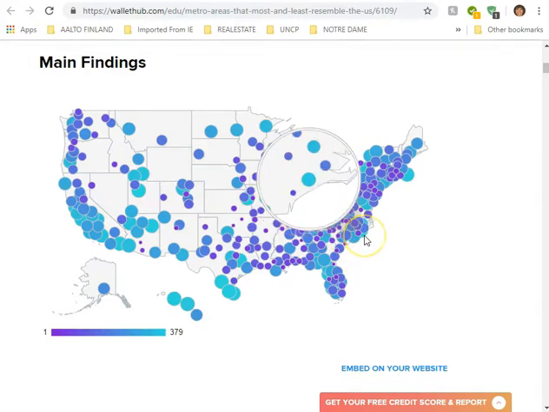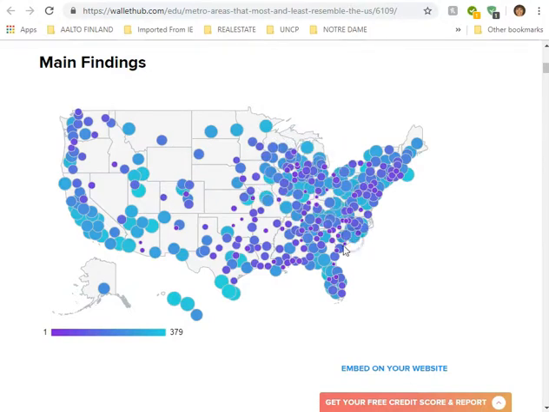The closer the number is to 100, the more representative it is of the entire United States. So Honolulu is not very representative of the United States as a whole.